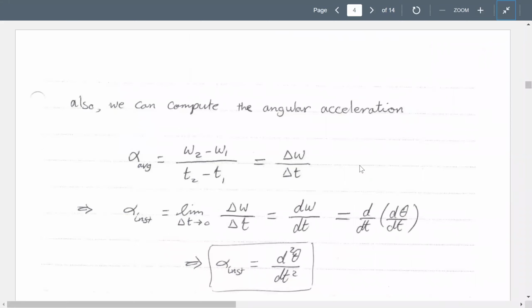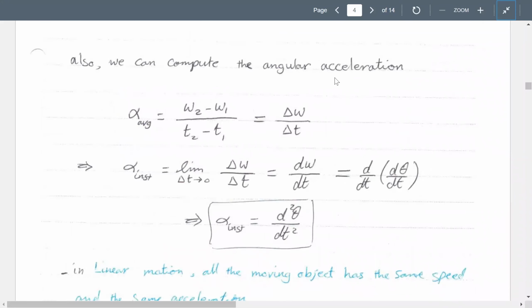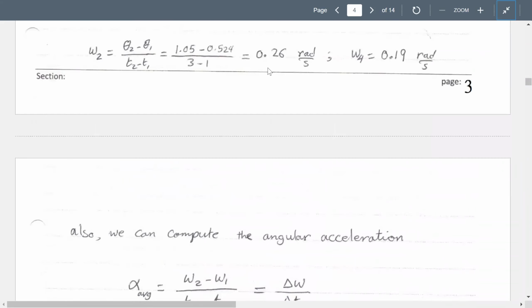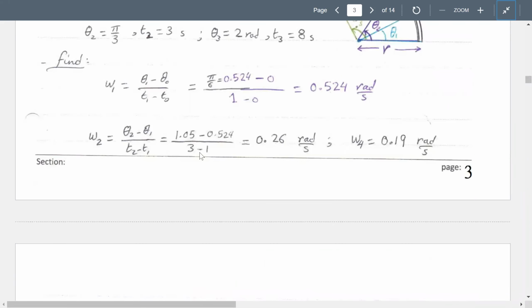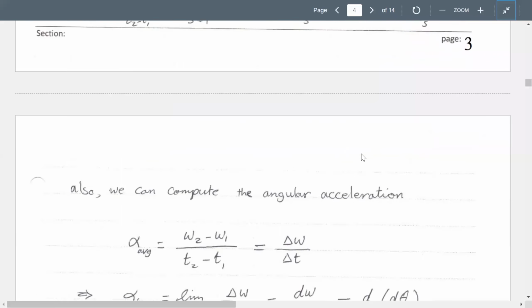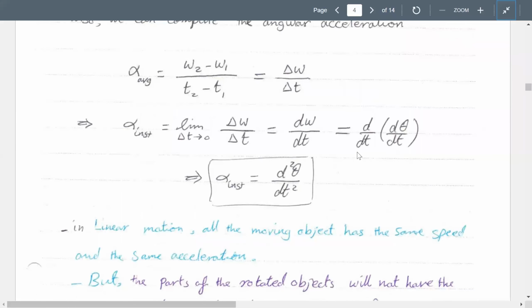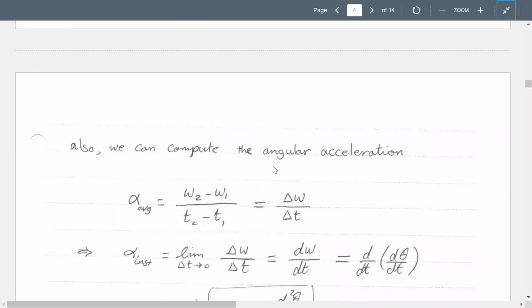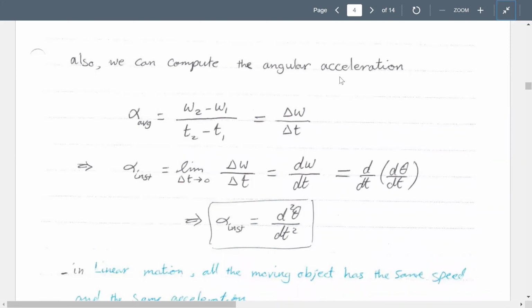Now we can also compute the acceleration, which is the angular acceleration, if we have 2 angular velocities, as you see here, omega 1, omega 2, omega 4. It should be omega 3, I don't know why. The average angular acceleration: remember from before, the linear acceleration was delta v over delta t.